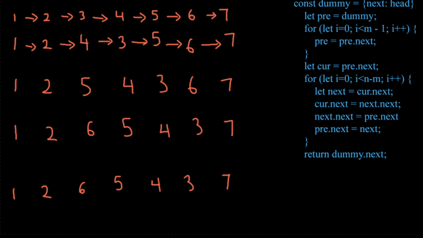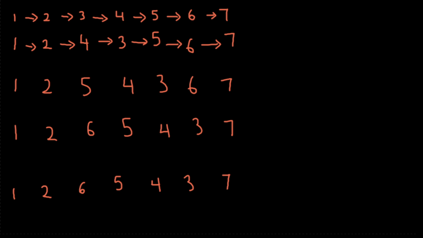Alright, so one way you can think about this is that you have a linked list where you have, let's say, 1, 2, 3, 4, 5, 6, 7. And in this Leetcode question, they give it to you like, n is 3, and then n is, let's say, 6.